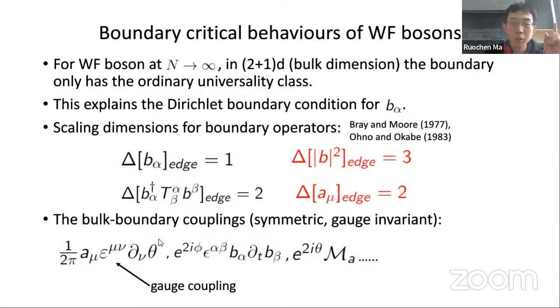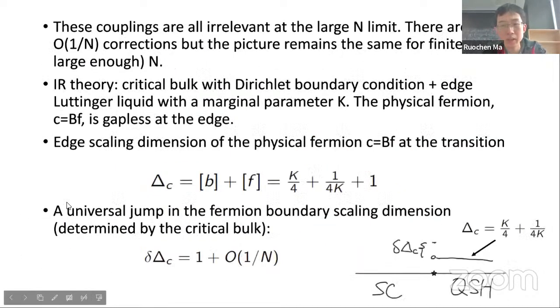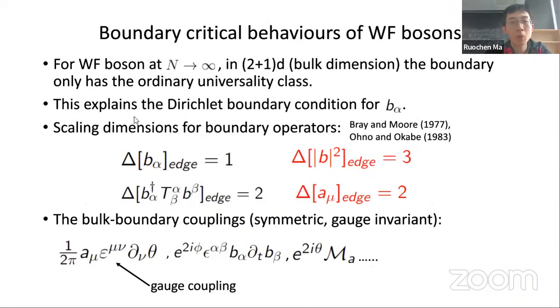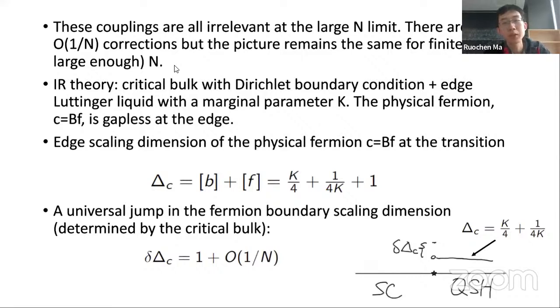And the Luttinger liquid behaves like a compact boson conformal field theory with a U(1) cross U(1) global symmetry. They have the same dynamics, but you have some gauge invariant constraints. And you can enumerate all the possible couplings, and it turns out that all of them are irrelevant at the low energy limit. And if you consider finite n, all the scaling dimensions will receive some 1/n corrections, but the picture remains the same if the n is not too small.